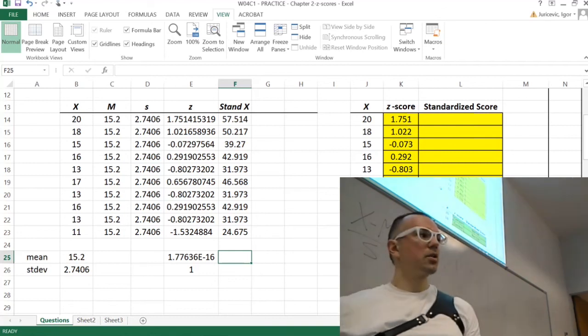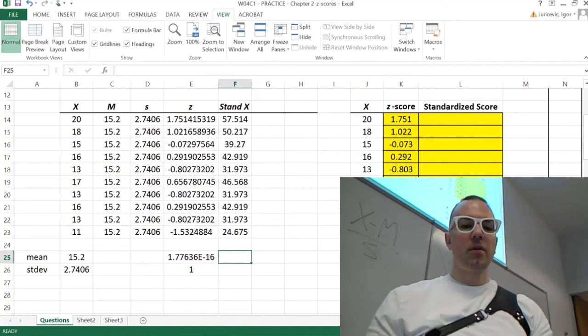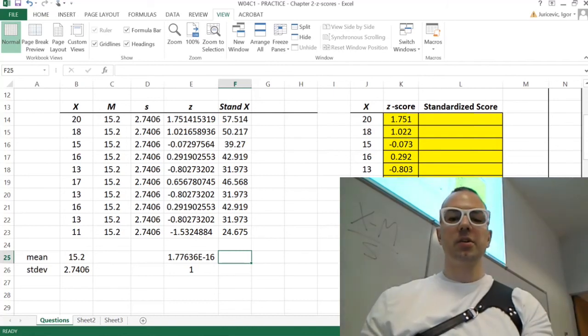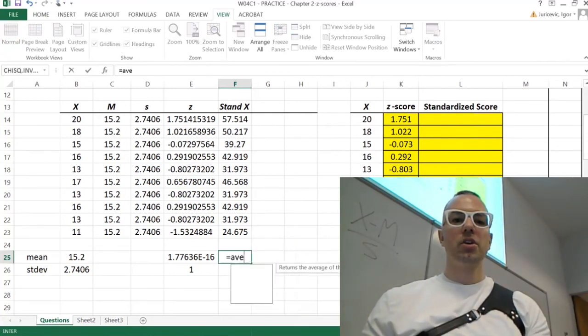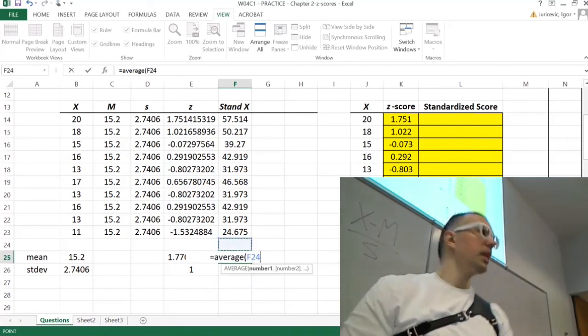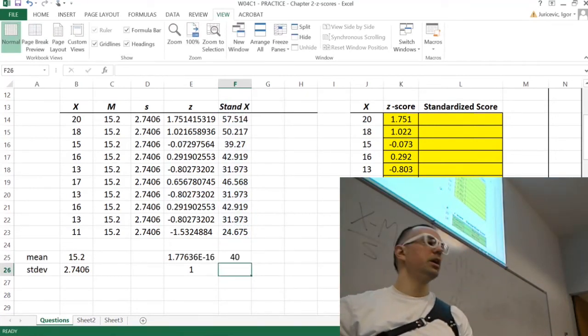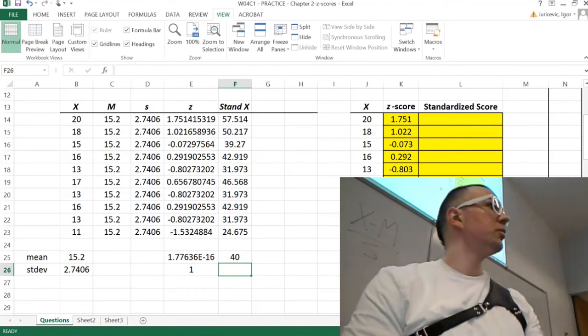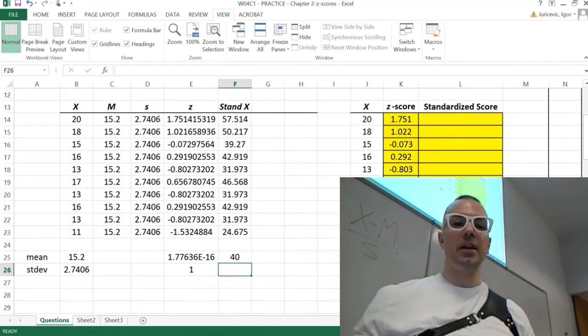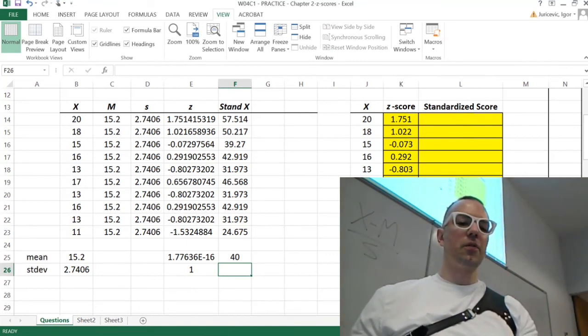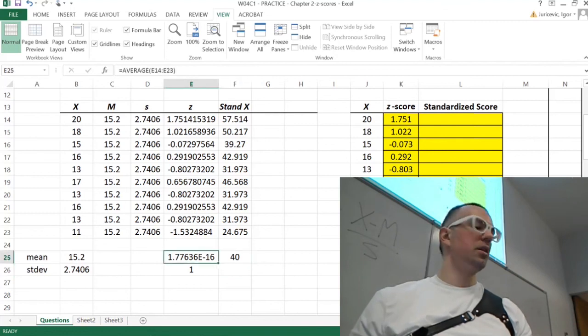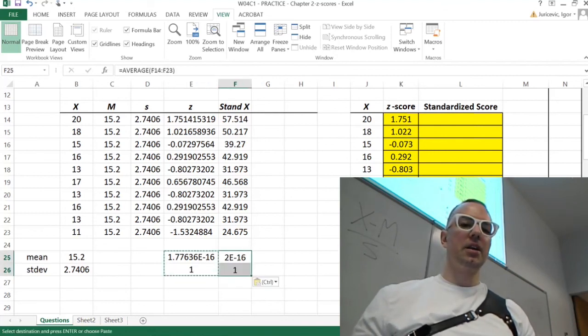So the mean is supposed to be 40. So if we did this correctly, when we calculate the mean of our distribution of our new scores, we should get a mean of 40. And lo and behold, we calculate the average, we have a mean of 40. What's the next thing we can double check? The standard deviation. We can double check that. It's supposed to be 10. And in fact, because we used these formulas over here, we can just copy and paste those to calculate the mean and standard deviation.